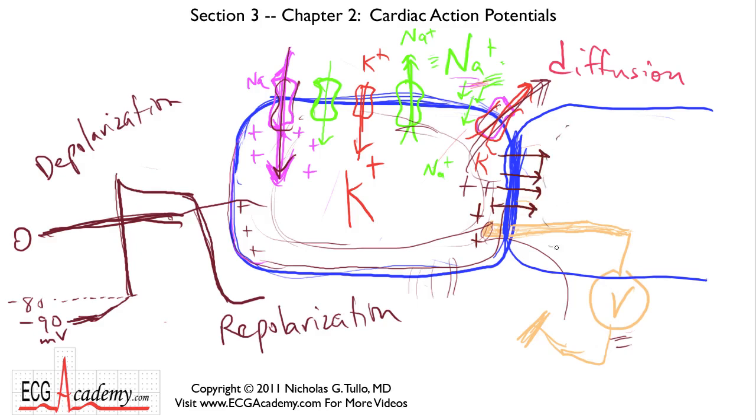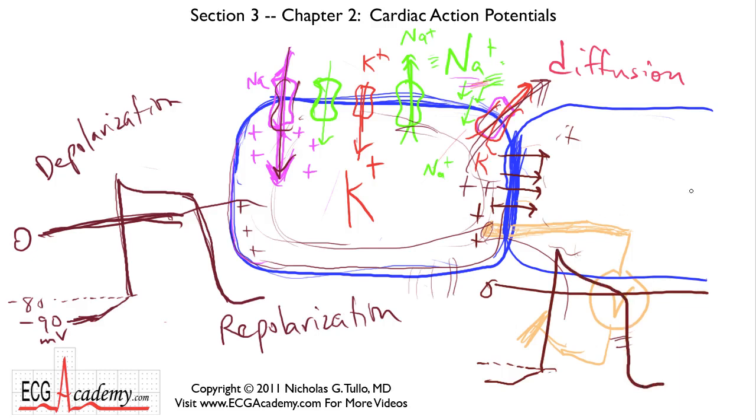If the inside of the cell becomes more positive, this cell will reach its threshold. If this is 0 millivolts, this cell reaches its threshold of minus 80 millivolts or whatever, and this cell fires. And then you get an action potential of the next cell, and the next cell, and the next cell. So that's how cells are able to pass the signal from one to another through this very complicated movement of ions in and out of the cell membrane.